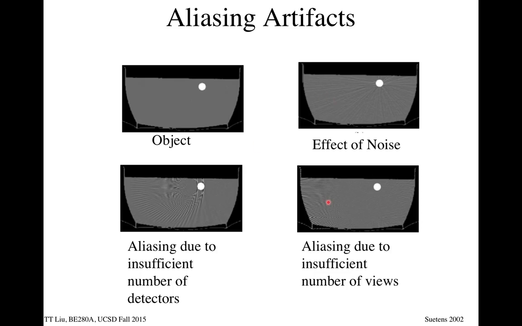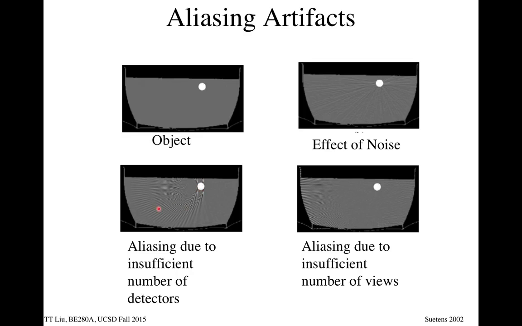So here's just some appearance of aliasing artifacts. This is the true object. If we have noise, you get streaks in the image off various edges of the image. Right?